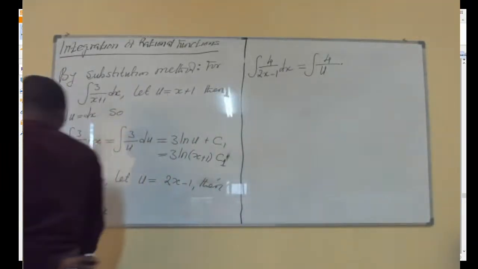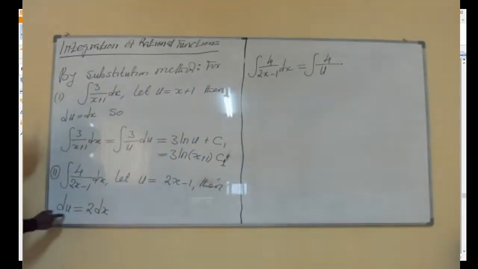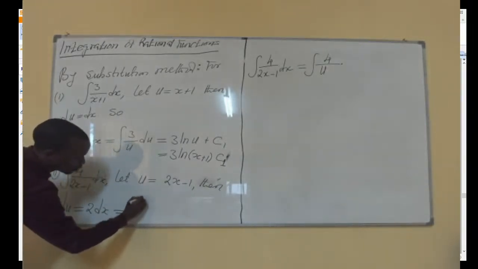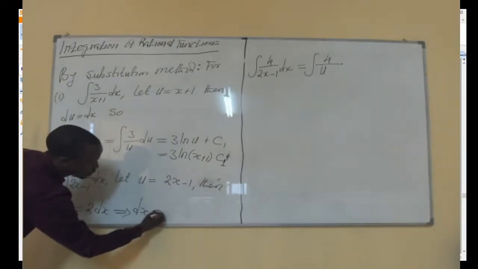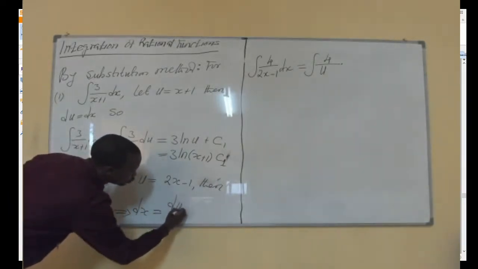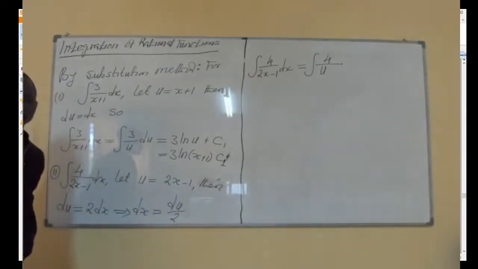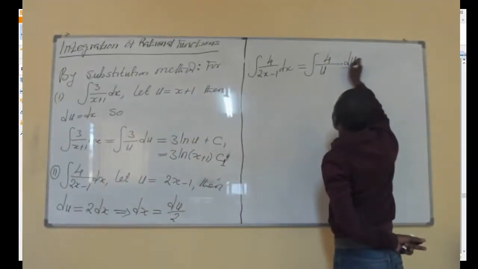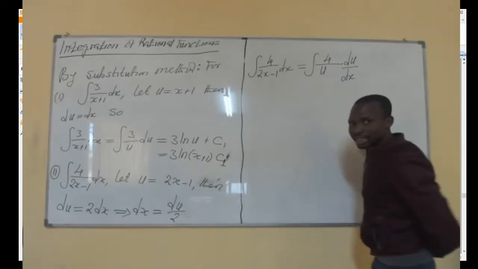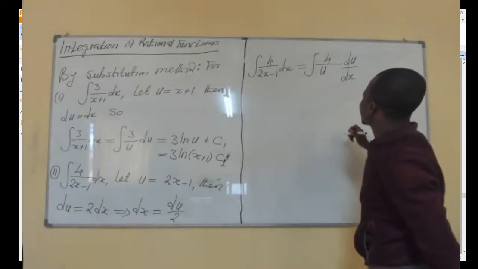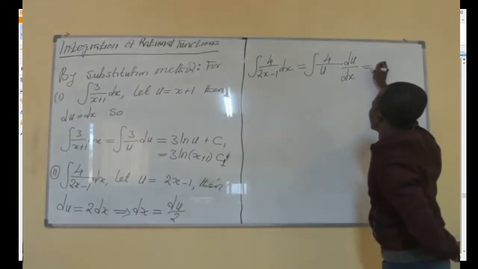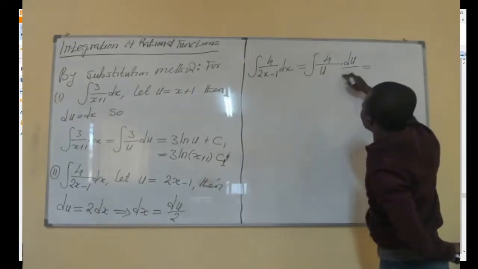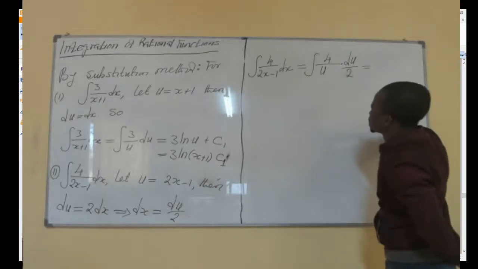So what I was supposed to write here is that our du is equal to 2 dx, which will imply dx is equal to du over 2, okay, something like that. So we have du over 2, sorry for that.